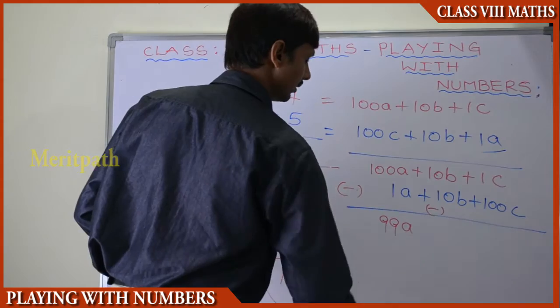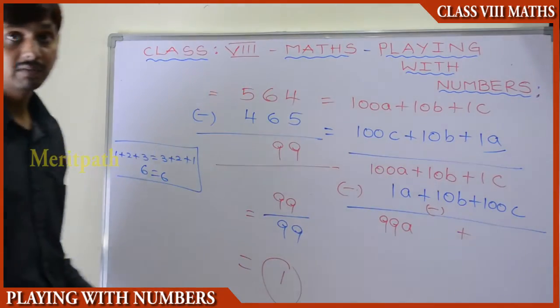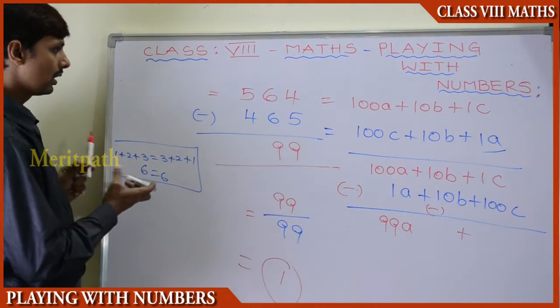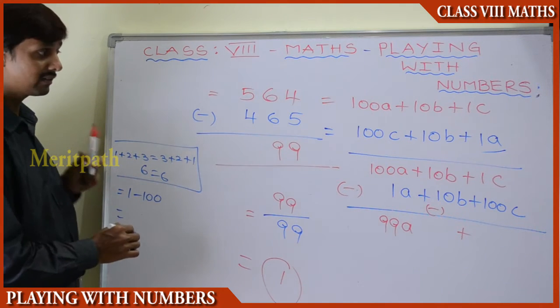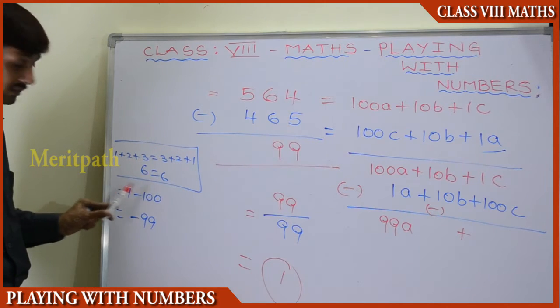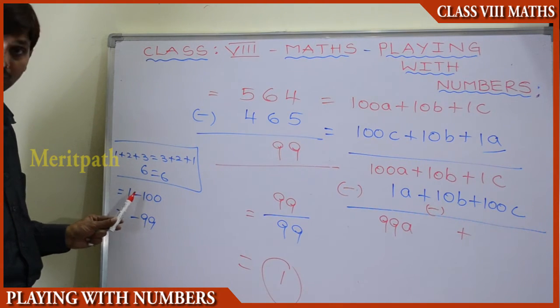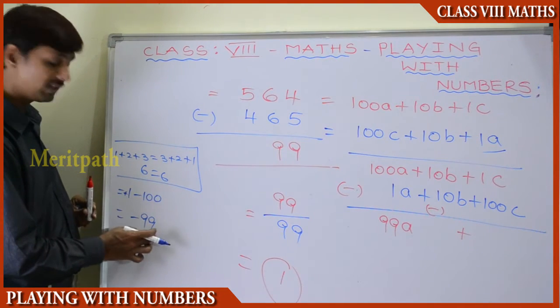Plus, what we get here is 1 minus 100. We have learned integers in the first chapter, that 1 minus 100 is minus 99, because when we subtract in this way, we get a minus. 100 minus 1 is 99.